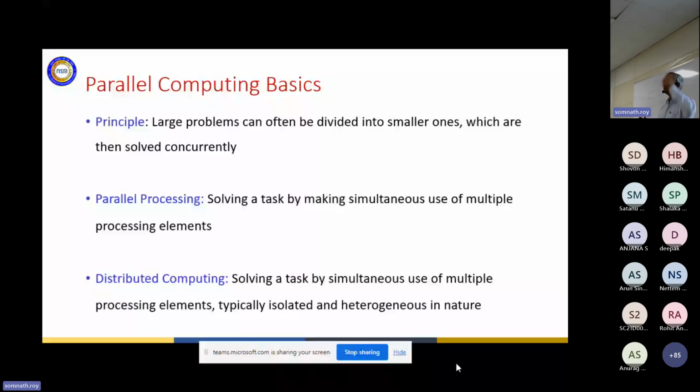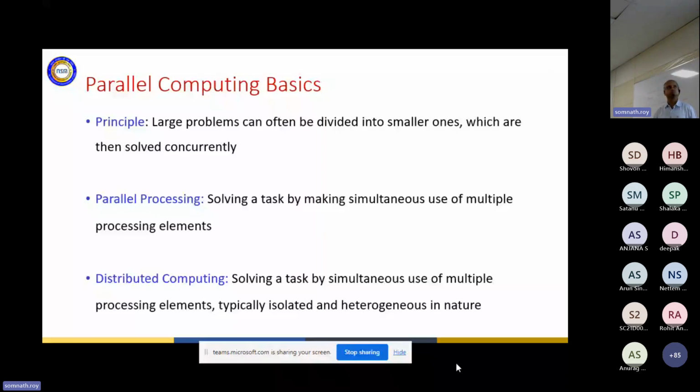You can very well imagine a supervisor in a factory who is dividing the work among multiple workers, and they complete the task. At the end of the day, he takes stock of that and gets the product. That kind of situation you can assume when you have multiple elements, one of them starting the process, then all cooperate with it and finally get done. So this is the basis of it.